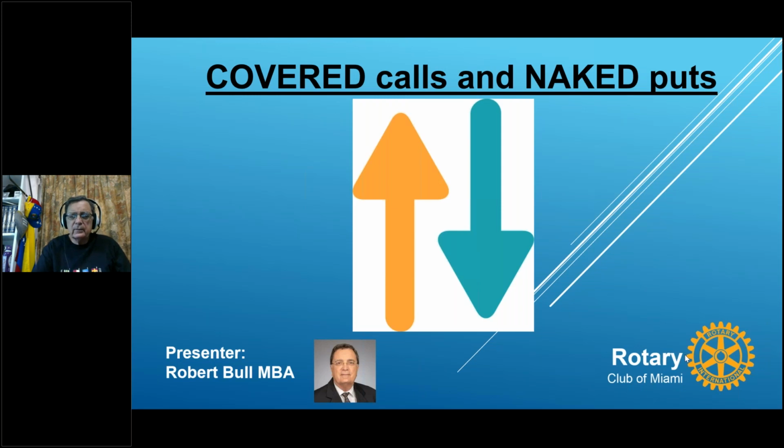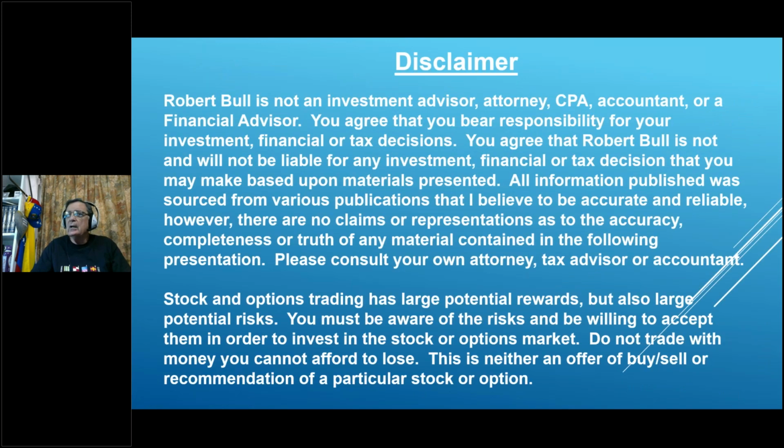So we first must begin with what's called a disclaimer, okay? And I have to do that just simply because, well, legal reasons, all right? So, Robert Bull, me, I'm not an investment advisor, I'm not an attorney, I'm not a CPA or an accountant or a financial advisor, okay? You agree that you bear responsibilities for your investment, financial, and tax decisions.